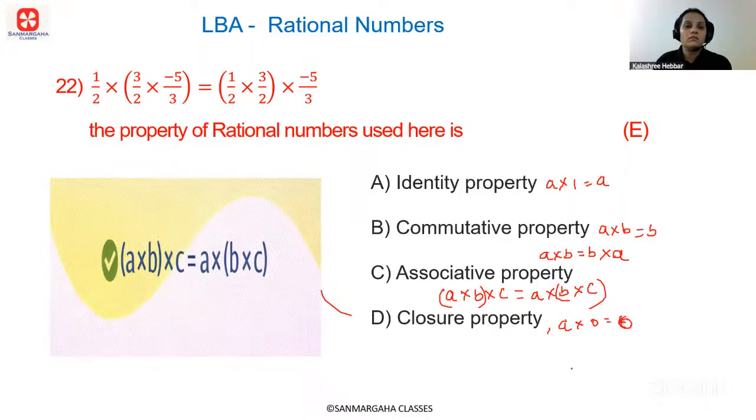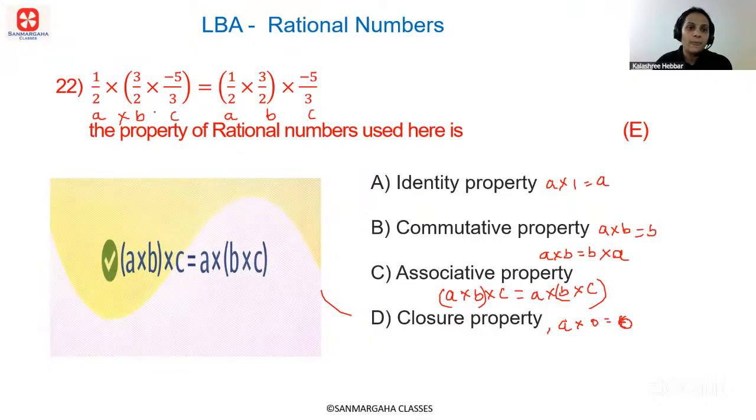Okay, so now if you consider this as A, this as B, minus 5 by 3 as C. Now here A, B, C again.